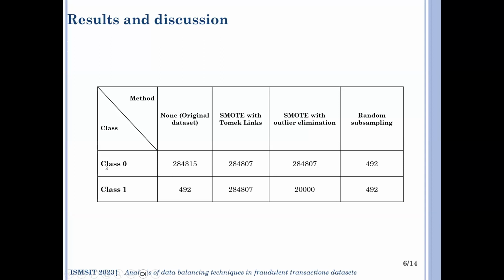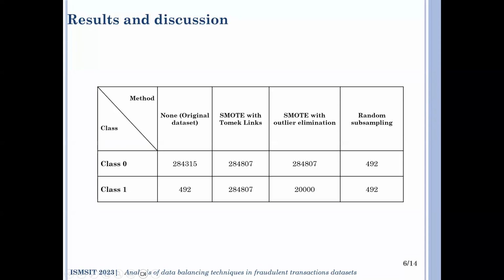Just as a reminder, class 0 represents legitimate transactions, and 492 items in class 1, which represents the fraudulent transactions. By using these 3 techniques on the original data set, we got a balance between classes from the SMOTE with Tomek links technique and the random subsampling.